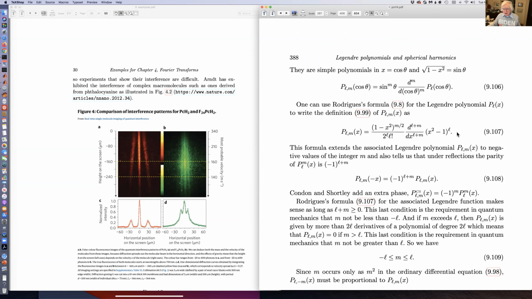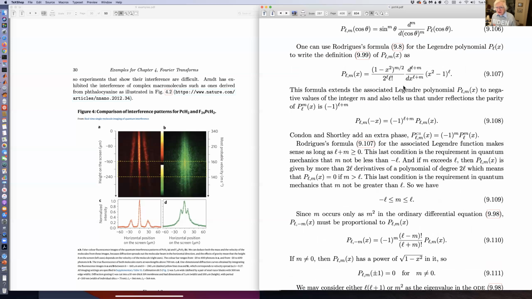This formula extends the associated Legendre polynomials to negative values of the integer m, at least as long as m is not less than minus L. And tells us that under reflections, the parity of P_L^M of x is minus 1 to the L plus m.